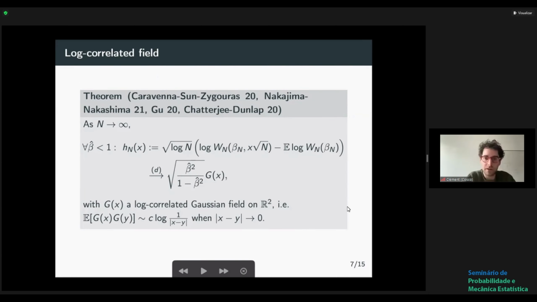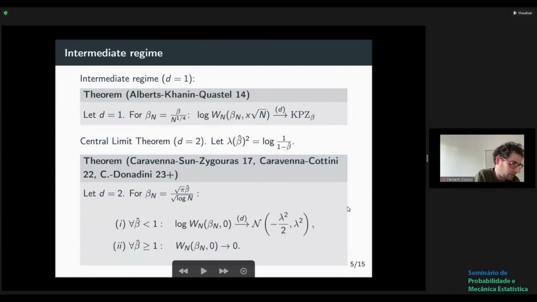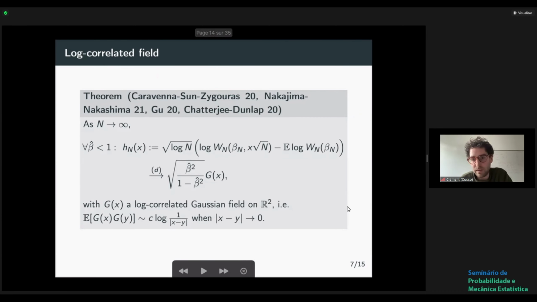Maybe the first one was in the same paper here, where they considered the space properties of Wn. But what is more relevant is really looking at log of Wn. Since everything is actually a distribution, it's not easy to say something.